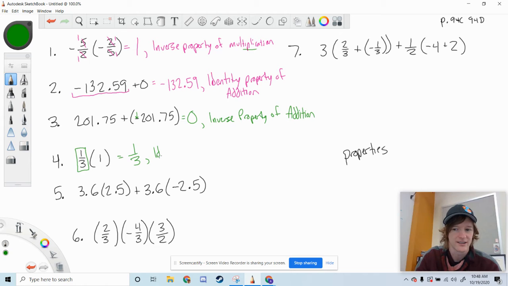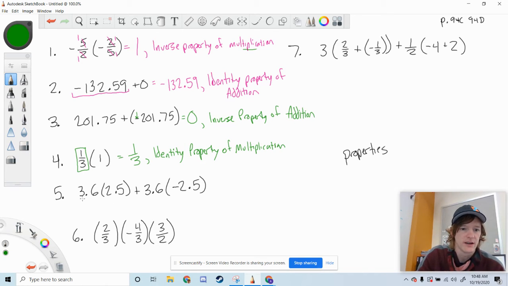You might have a secret identity. This guy doesn't have a secret identity, and multiplying by 1 doesn't change his identity. So it's identity property of multiplication, because we multiplied and didn't change it.